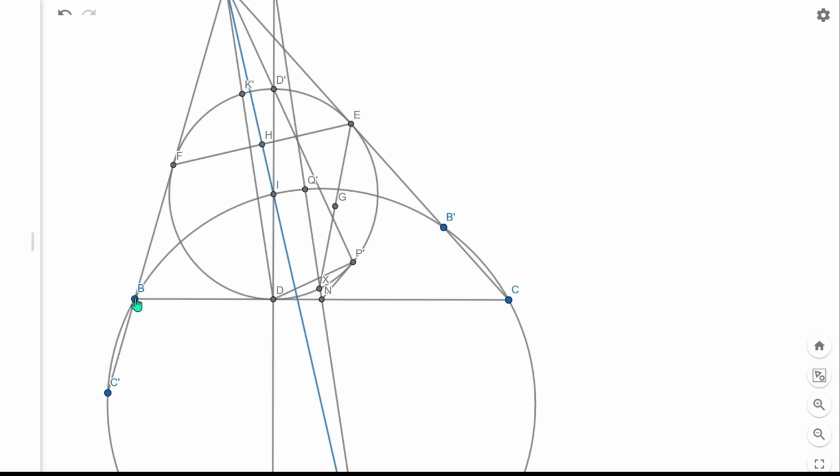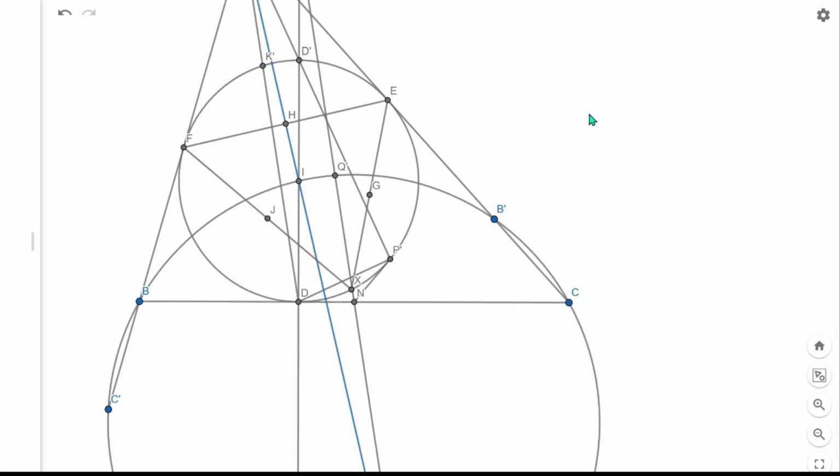Because we're looking at B going to the midpoint of DF and C going to the midpoint of DE, we have that BC gets sent to the midline of DEF, which is also the midline of the triangle XEF. So if we construct this other midpoint here, then we should have that the point Q prime, the inverse, lies on JG.